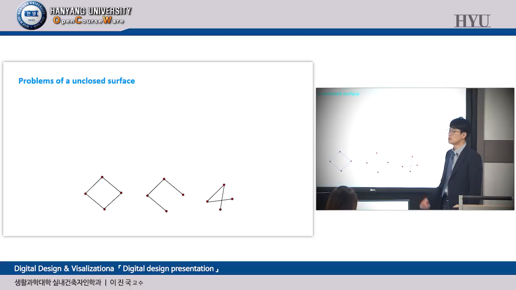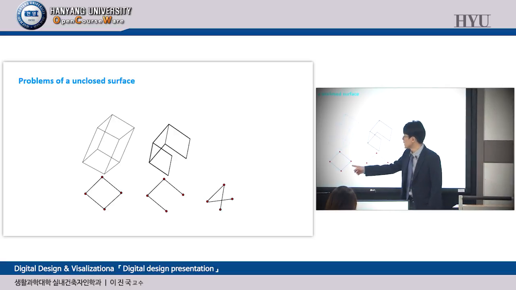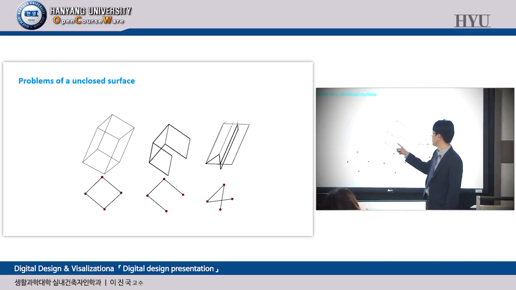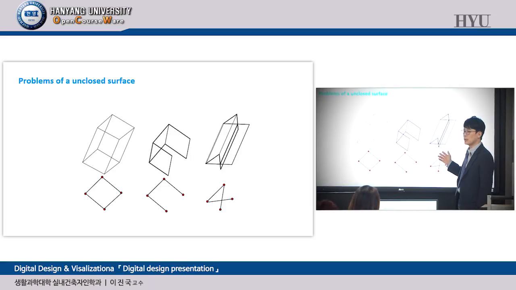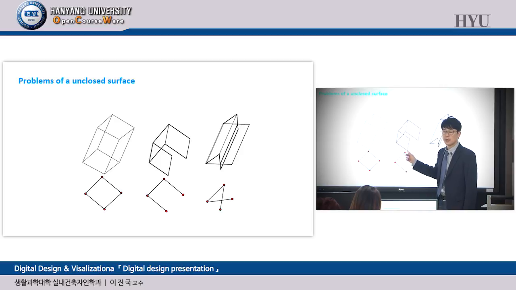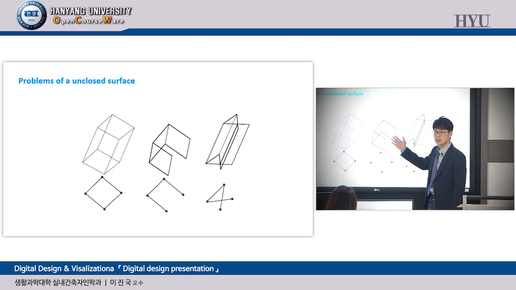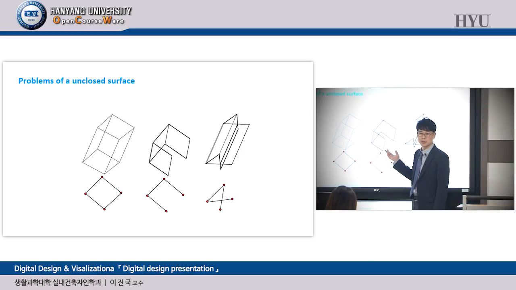Problems of unclosed surfaces. Let's take a look at those 3 geometric shapes. When you extrude using this section profile, number 1, 2, 3, obviously those 2 are 3D and they are surface-based 3D, obviously. They are not solid-based 3D, okay? Because this one doesn't have thickness.